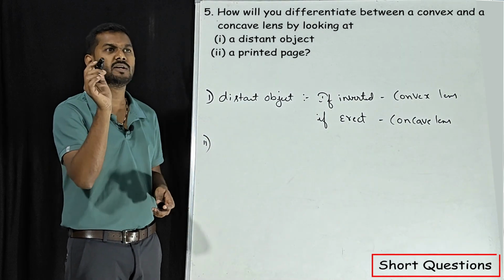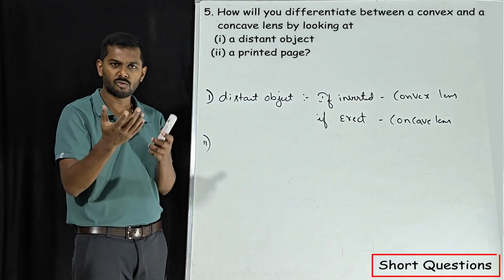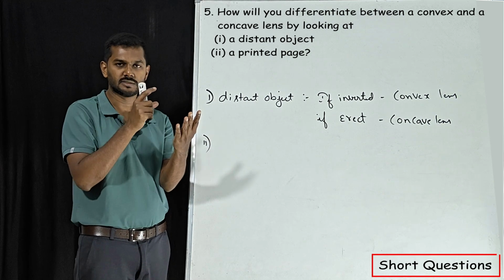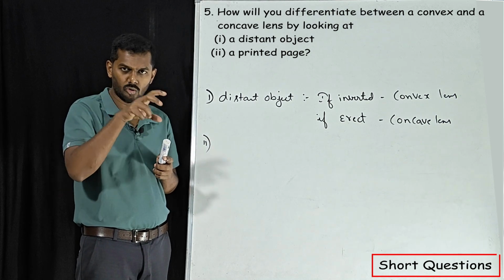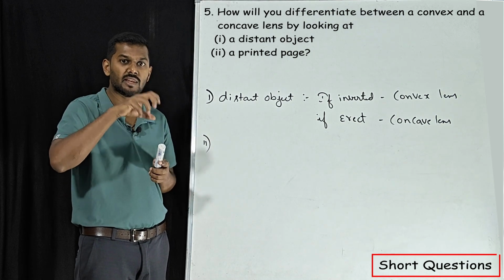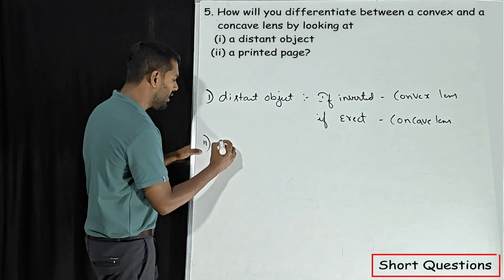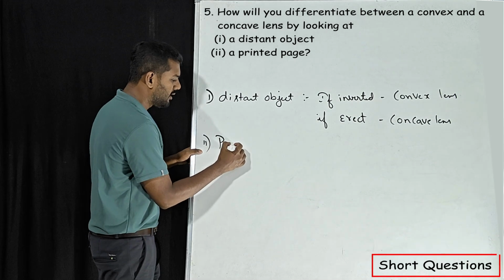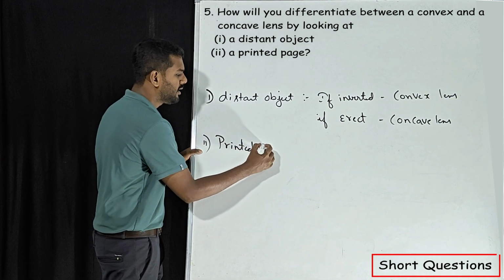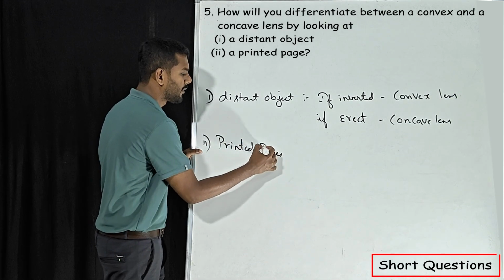Next up, printed page. Whenever you take a printed page and a lens, when you go close to it, if the letters are magnified, in printed pages, right? Second one is printed pages.